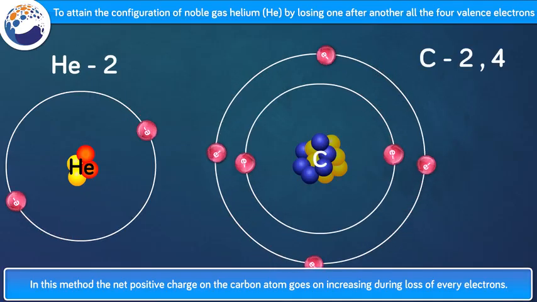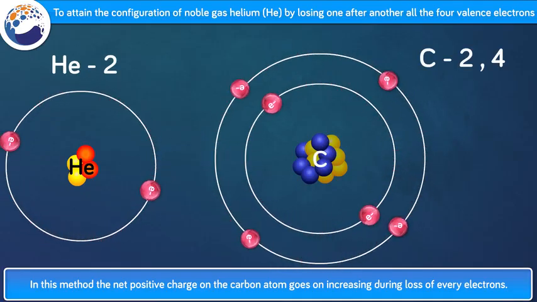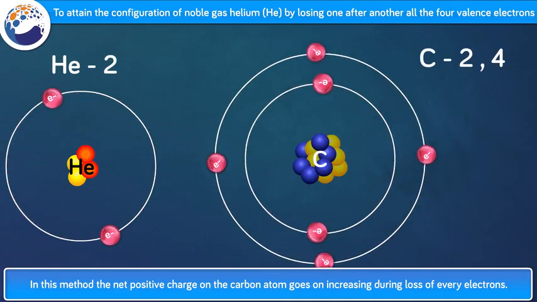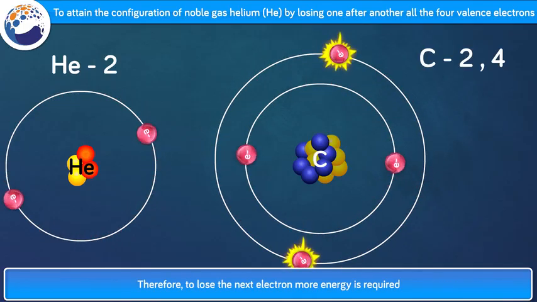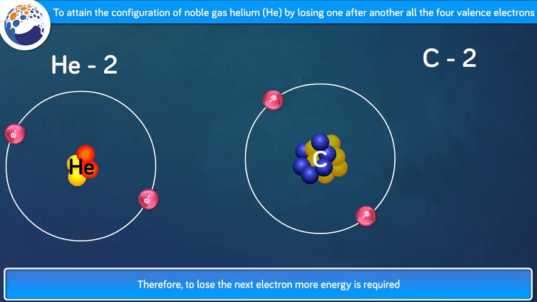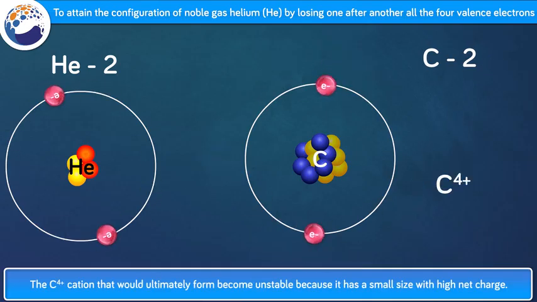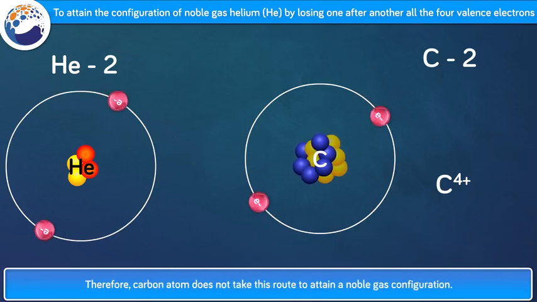In this method, the net positive charge on the carbon atom goes on increasing during the loss of every electron. Therefore, to lose the next electron, more energy is required. Moreover, the C4+ cation that would ultimately form becomes unstable because it has a small size with a high net charge. Therefore, carbon atoms do not take this route to attain a noble gas configuration.